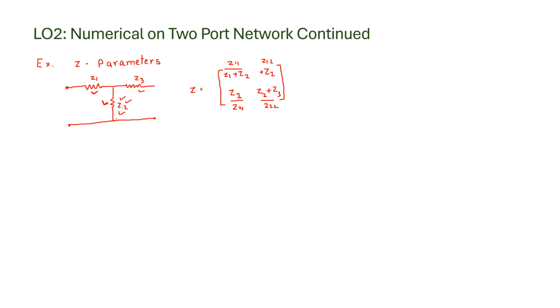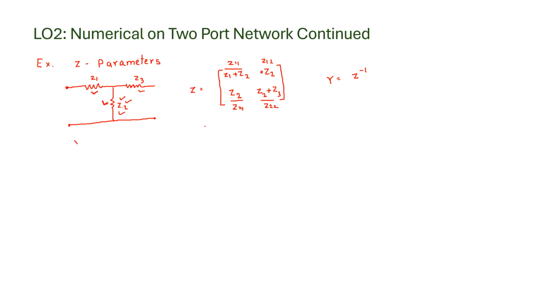Okay, so now I will take this network as reference, and I know how to find the Z parameters for this circuit simply by inspection. One more point I forgot to tell: we can find the Y parameters for this circuit by taking the inverse of this Z parameter matrix. Y equals Z inverse.